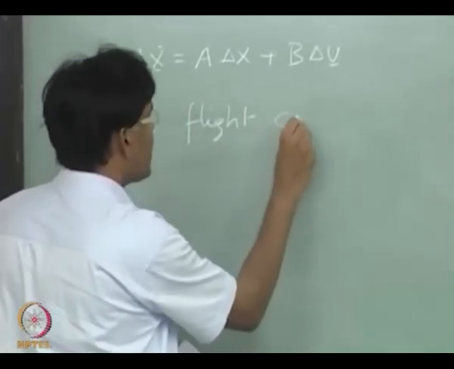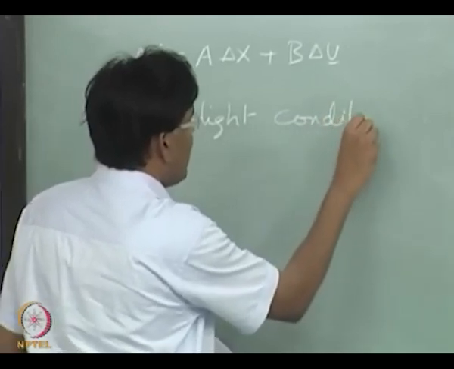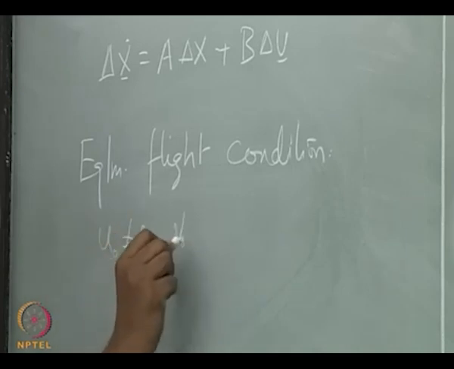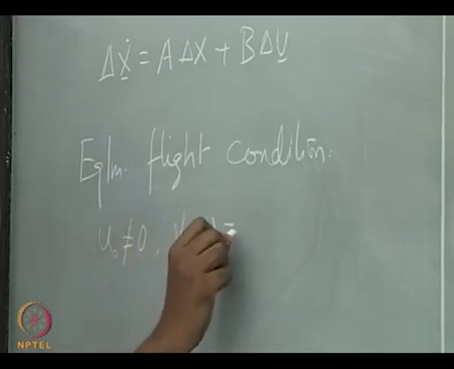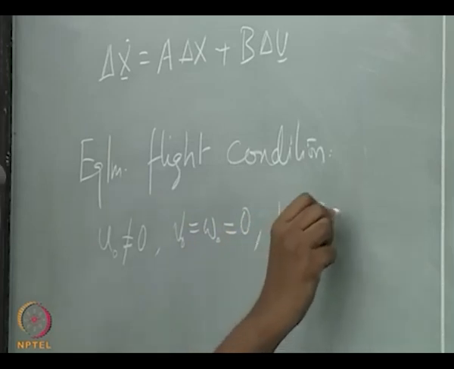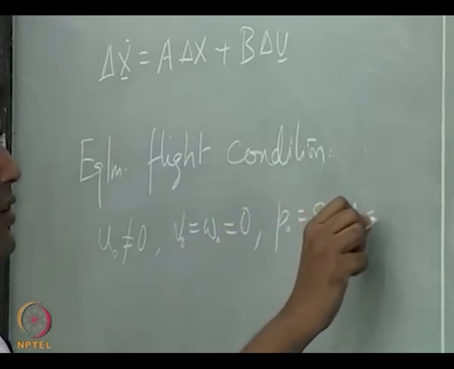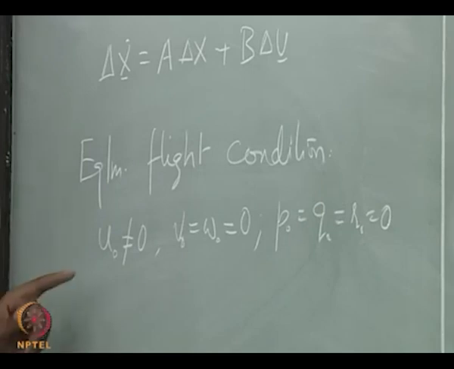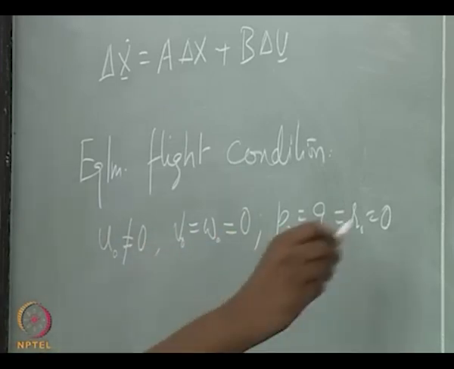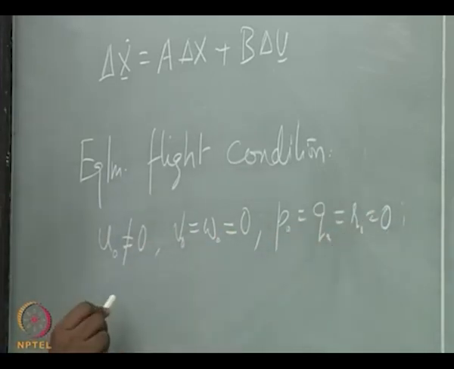In the equilibrium flight condition, the aircraft has a forward non-zero speed, the other two speeds are 0 and the rates are 0.